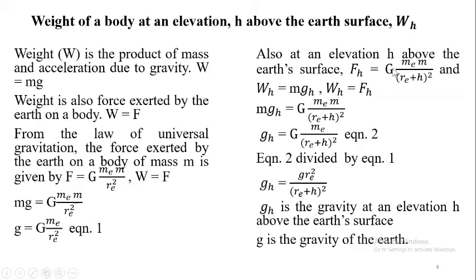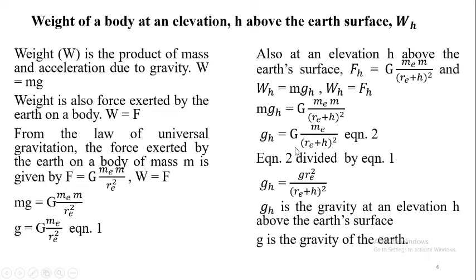m g_h is equal to G m_e m all over (r_e plus h) all squared. When you simplify further, you will get g_h equals G times m_e all over (r_e plus h) all squared.